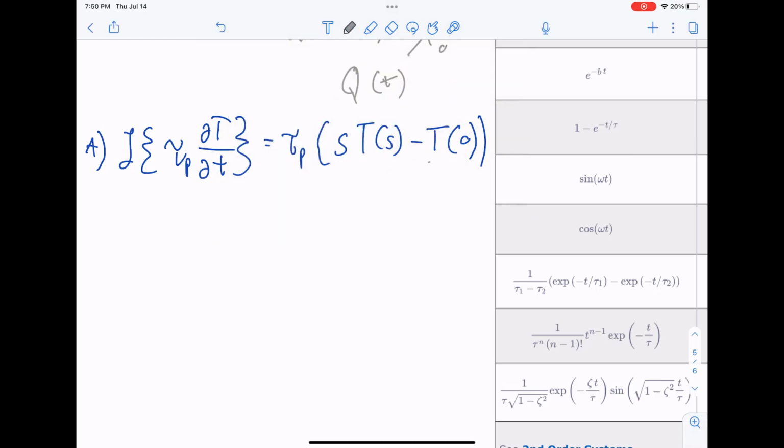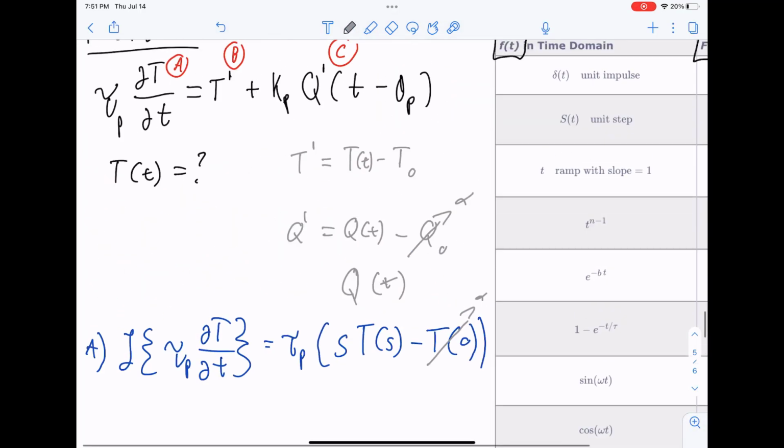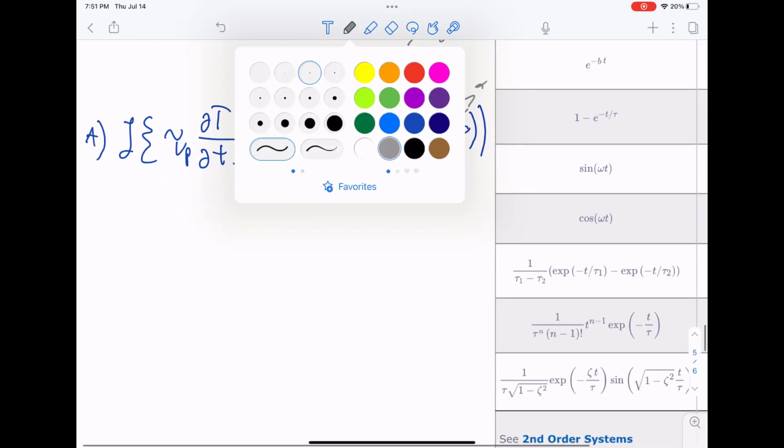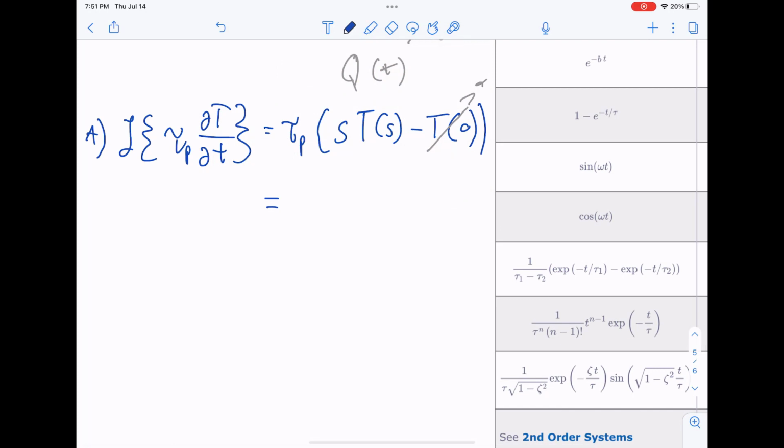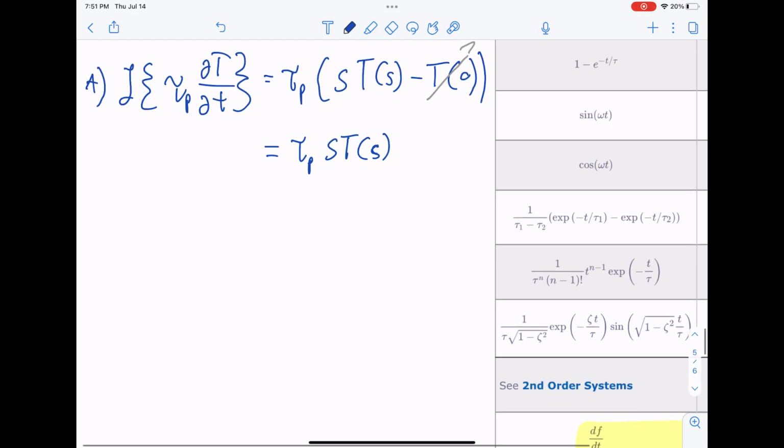Now, what we want to remember is that this goes to 0. Our temperature at time 0 minus our temperature at time 0 is equal to 0, which is the definition of our deviation variable. And so this just comes to tau p s T(s).